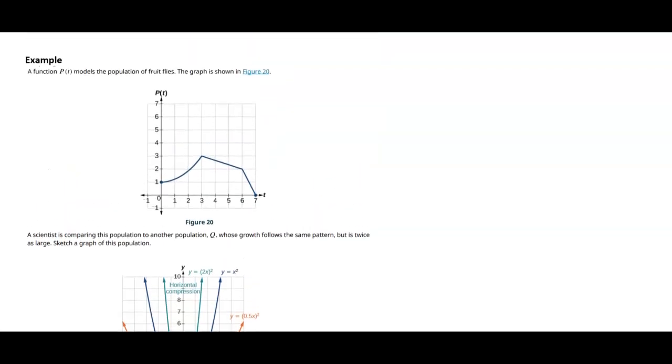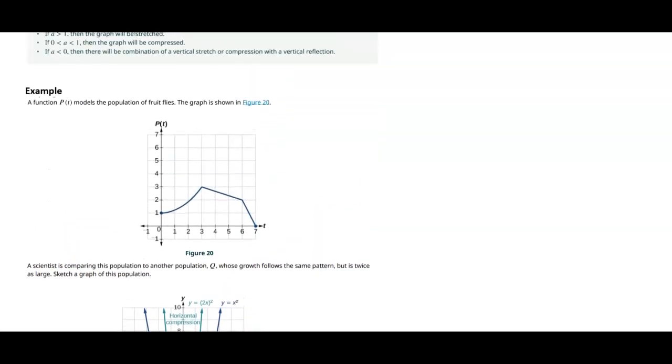So in this question here, this is the population of fruit flies, and let's say the scientist is comparing a population Q, and they follow the same growth patterns, but it is twice as large, and sketch a graph of that. So one thing that we could do is we could write Q of t is twice as big as P of t.